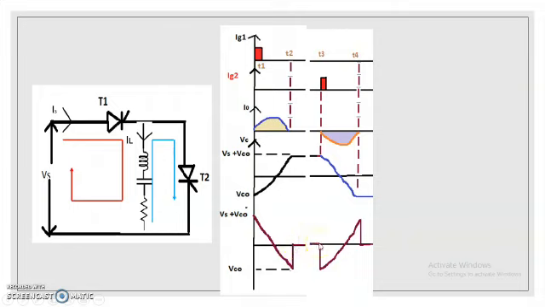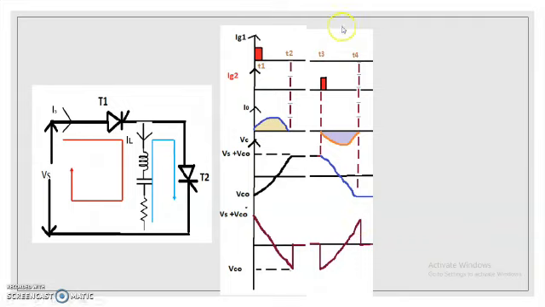But once thyristor T2 is turned on, it immediately comes back to the previous value, that is Vc0 in the negative direction. Now, from the value Vc0 in the negative direction, the inductor voltage will start to increase and it will reach the point Vs plus Vc0.